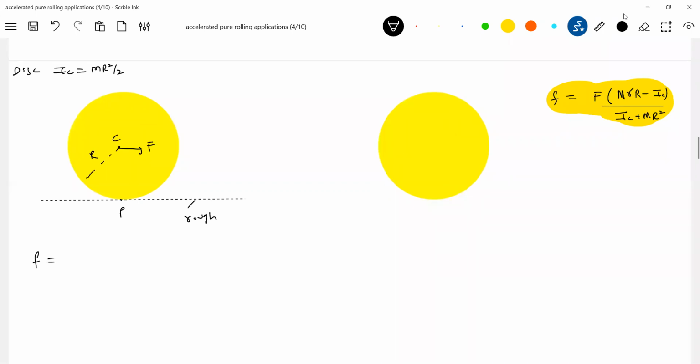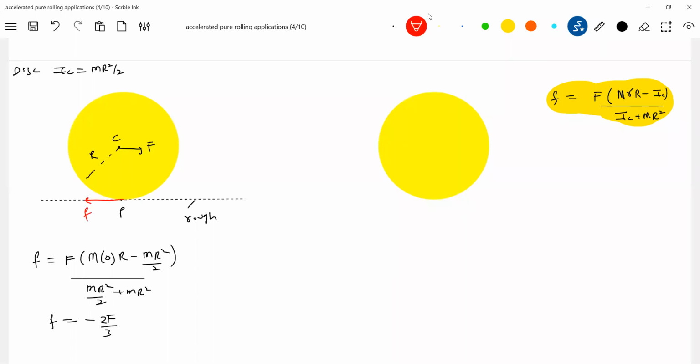So if I substitute this, this will be F into (0 minus capital R) times mr square by 2, divided by mr square by 2 plus mr square. So this will be how much? Minus 2F by 3. What do you mean by negative sign? It will act opposite to the applied force, so the friction will act here. Then the center of mass will accelerate. Okay, next condition.